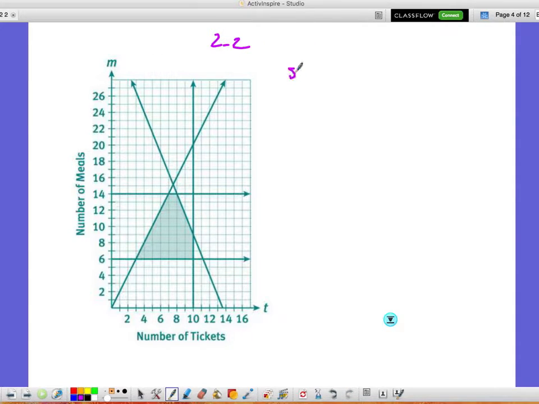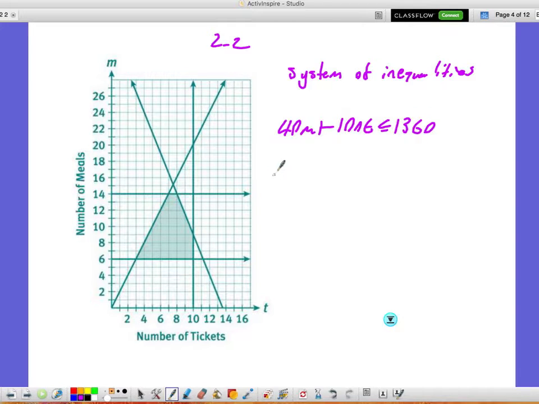we learned about how to graph a system of inequalities. So here's our system, and the inequalities that we came up with were 40m plus 100t is less than or equal to 1360.